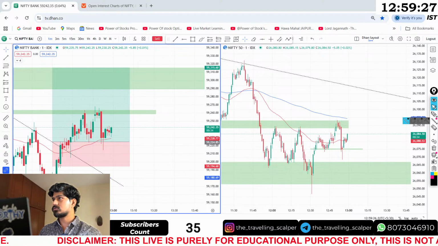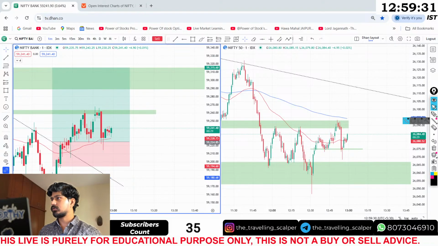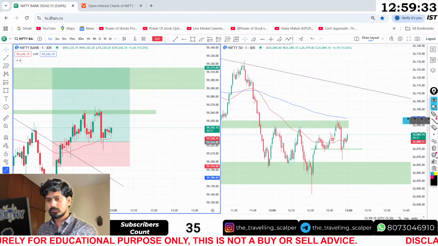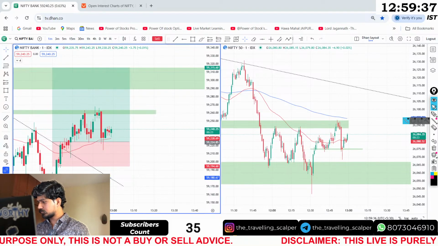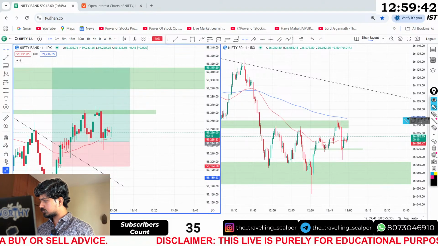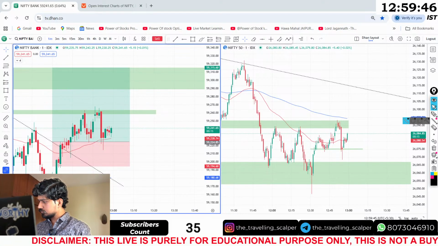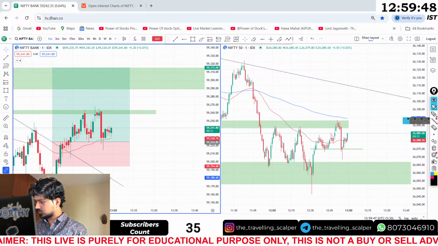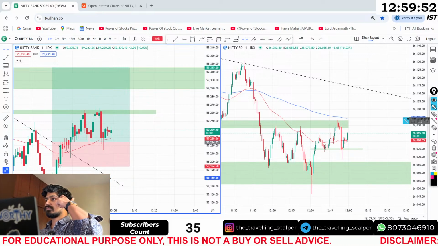Come on, Nifty is also trying to go up. Super. One small fast move has come. This will be a very fast move. Okay, come on.